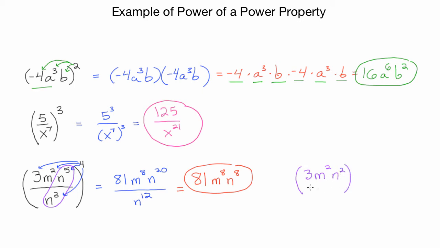And all the n's on the bottom divided out. Well, now it makes it a whole lot easier to apply the 4th power and see that 3 to the 4th is 81. M squared to the 4th is m to the 8. And n squared to the 4th becomes n to the 8th. So I get the same answer, just a couple different approaches to it.